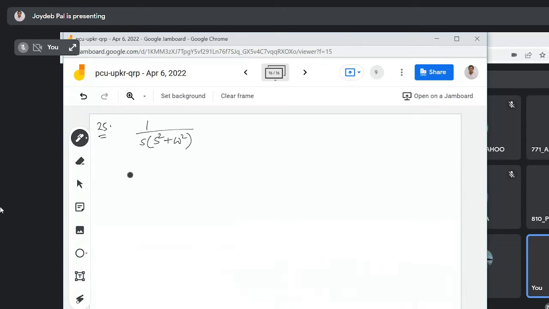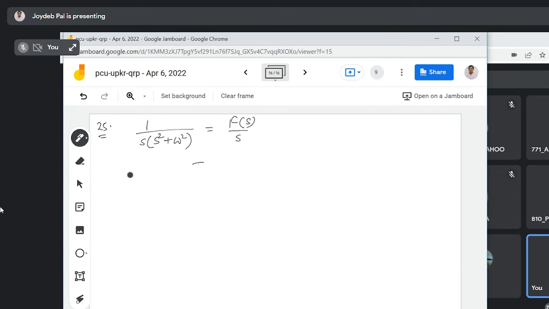Okay, means you can see the pattern F(s) by s. You apply that integration form. What is capital F(s), if you think it as F(s) by s? So 1 by s square plus omega square. Okay. So we are assuming it as F(s) by s.